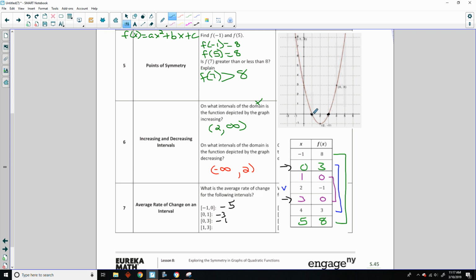Okay, well, that's a horizontal line, and what the slope is, and if I want to use the points from 1 to 3, it'd be y2 minus y1 over x2 minus x1.